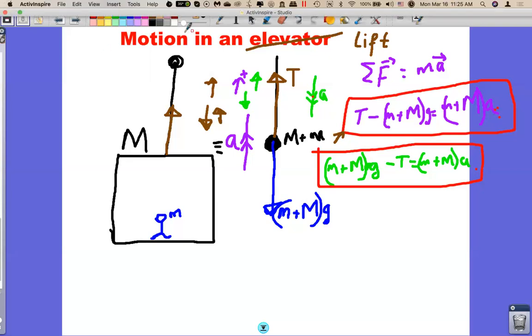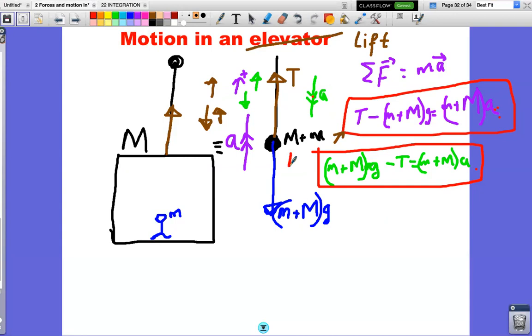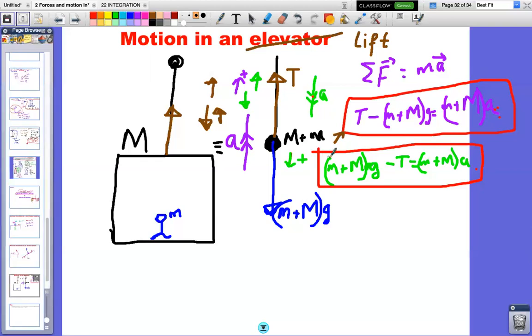So we can say that for this second case, we have taken our downward direction as positive direction and the upward direction becomes negative. I hope that is not confusing for you guys. Is it confusing for anybody? No.